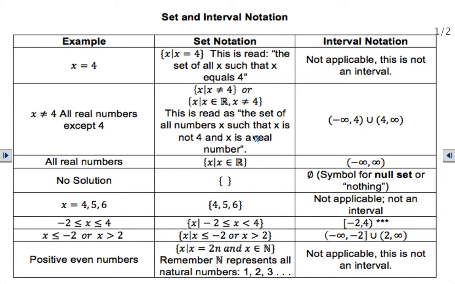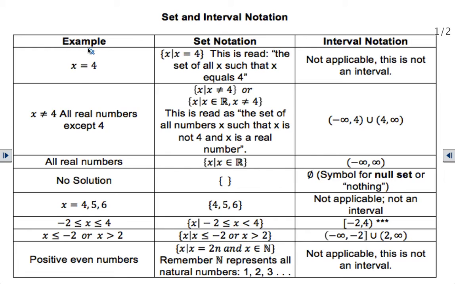So we're going to be doing that throughout the rest of the year. Anytime we look at a graph or a function and talk about the domain and range, it'll be in interval notation. You should notice that on your notes you have a lot of blank spaces. I just need you to go through, fill out all the blank spaces, make sure you get all of them, and then make sure you compare the difference between the set notation and interval notation.